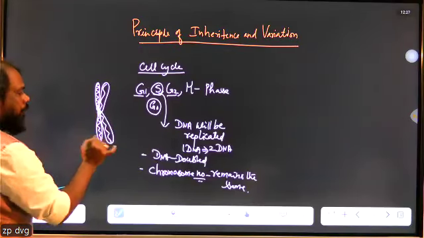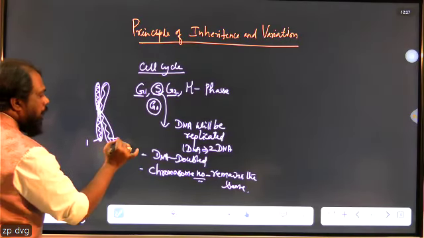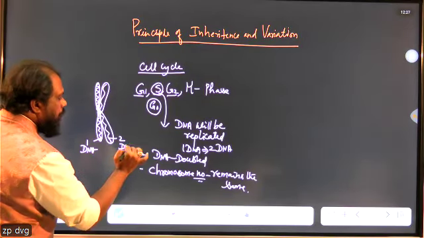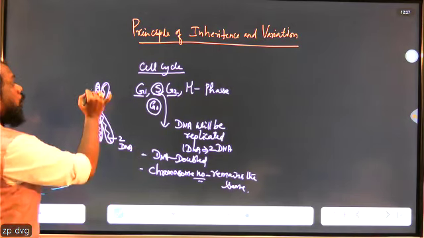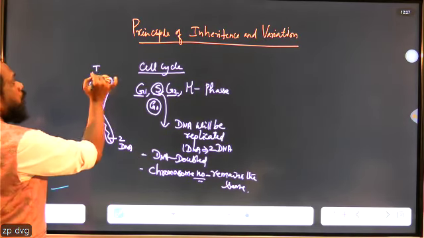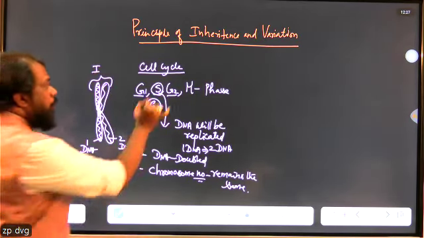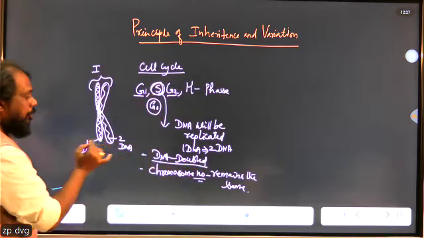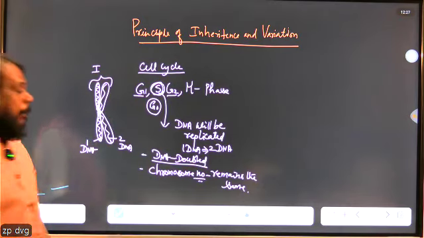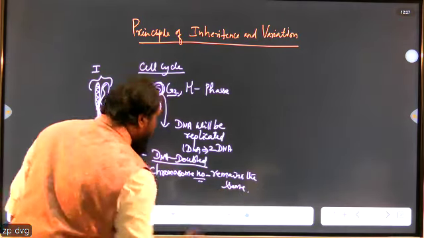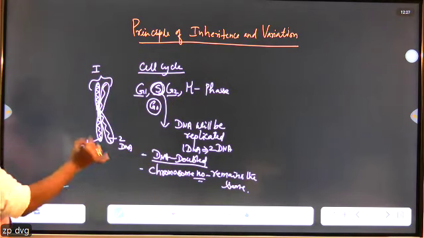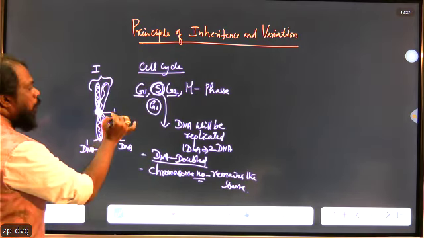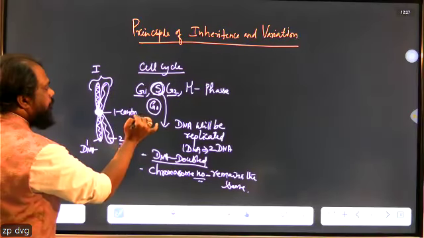Look at this. How many DNA is there? One DNA, two DNA. But how many chromosomes are there? There is only one chromosome. So during S phase, the number of DNA will become doubled, but the chromosome number remains the same. I know this is only one chromosome because it consists of only one centromere.